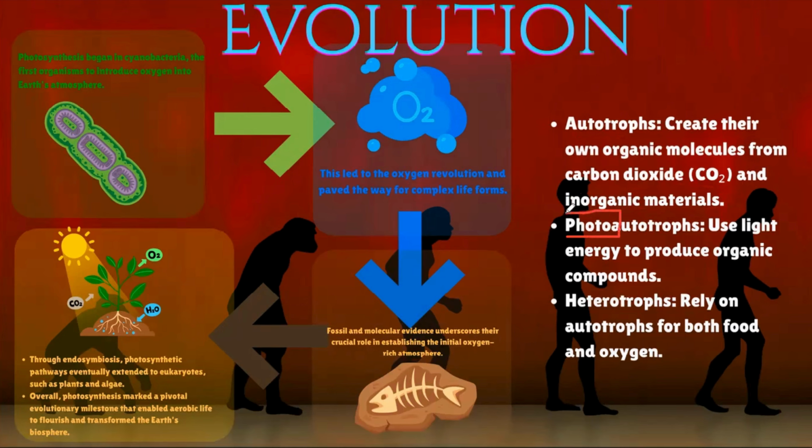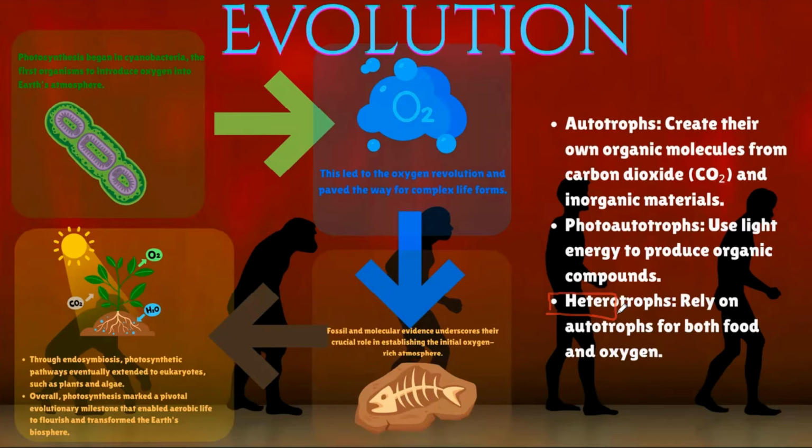Photoautotrophs, you notice the root word photo there. Photo meaning light, so it uses light energy to produce the organic molecules or compounds. And if you notice, photo meaning light, auto meaning self, it sort of connects back to autotrophs. And then we have heterotrophs.